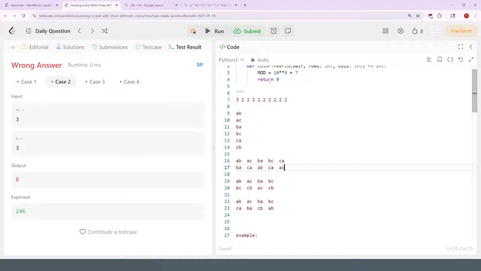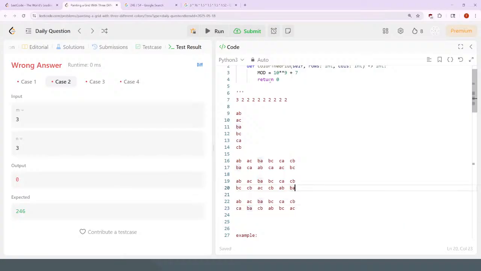CA, AC, CA, BC, CA, AB, CB, BC, CB, BA, CB, AC.